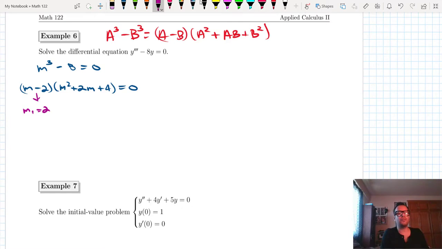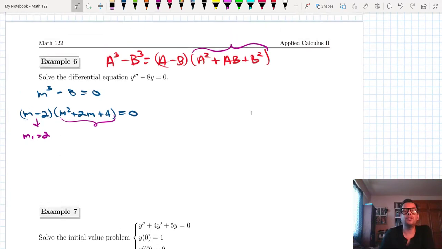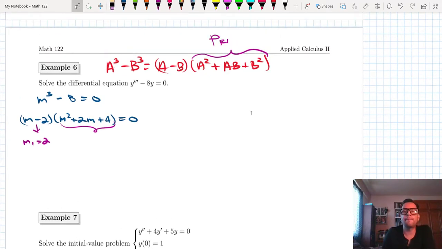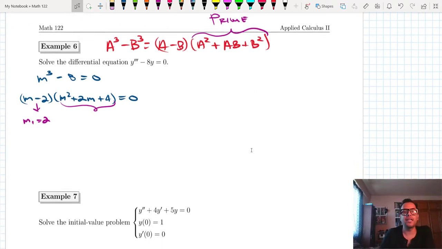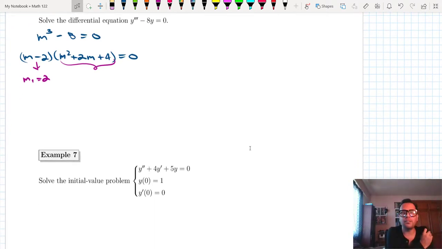But if you try to solve the quadratic equation by factoring, I'm afraid we are not going to be able to, because there's no way to find factors that add up to 2. In fact, it is a known fact from difference of cubes that this polynomial is prime. So we are going to get complex solutions for that quadratic equation. We use the quadratic formula, and to get solutions 2 and 3, we solve m squared plus 2m plus 4 equals 0.